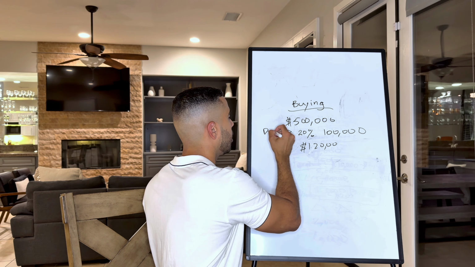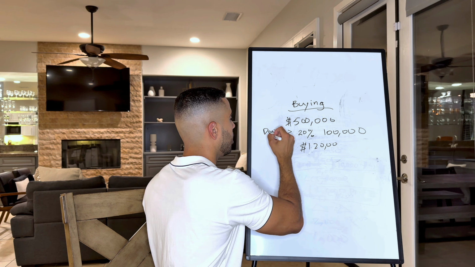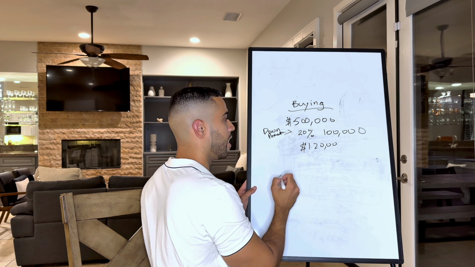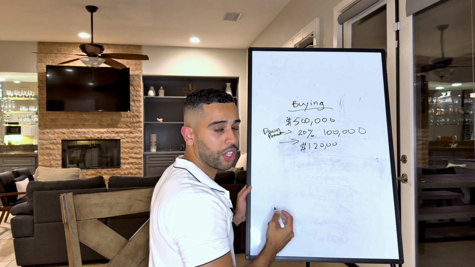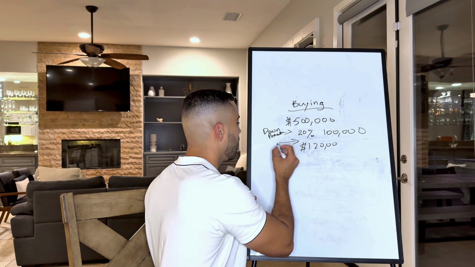Down payment, right? And then you have, pardon the chicken scratch, by the way, closing costs are another, let's say 15 to 20K. Let's just call it $20,000 for our case.